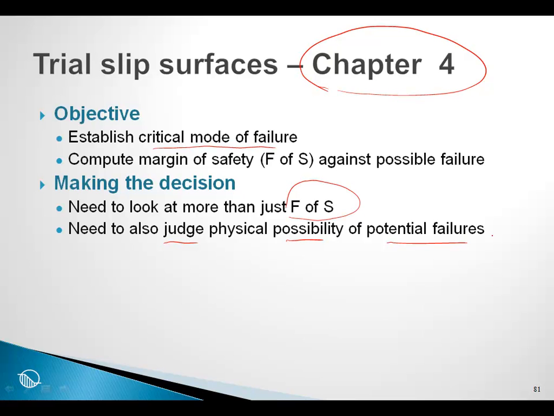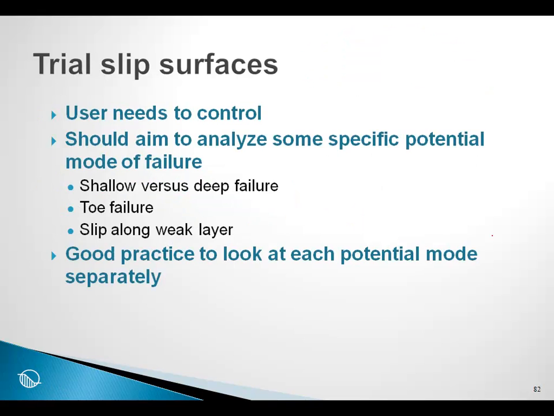As you will likely have seen in some of the other sessions, it is not possible to analyze failures or potential failures that couldn't happen in real life. They must be something that could actually happen in the physical world. And it's up to you, the user, to select trial slip surfaces to represent this situation.